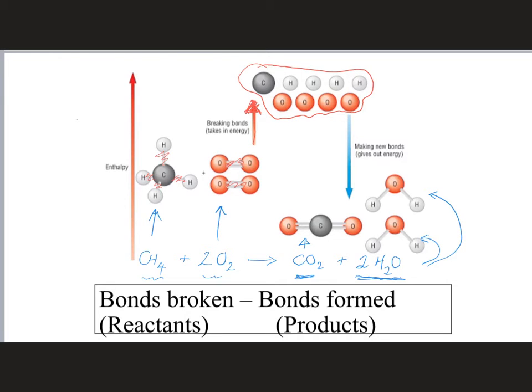So we're going to form bonds between the carbon and the oxygen, these here, and we're also going to form bonds between the oxygen and hydrogen, these 4 bonds there. And of course when we form bonds, energy is released. So the amount of energy goes down, as you can see, which is why that arrow goes in a downwards direction.